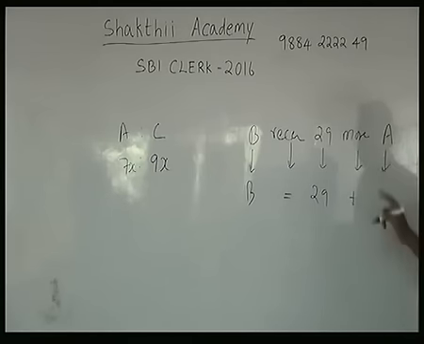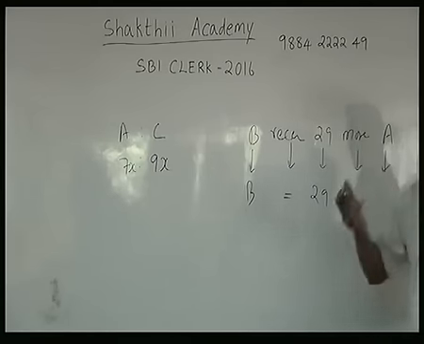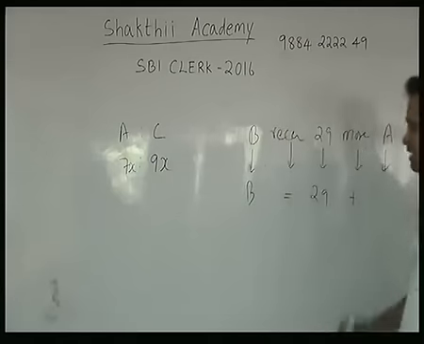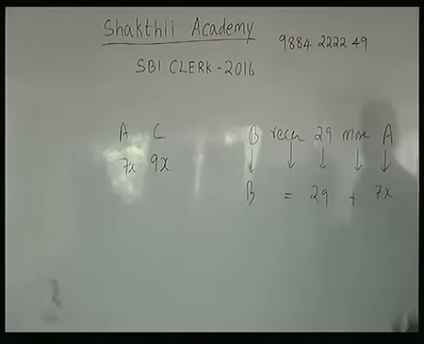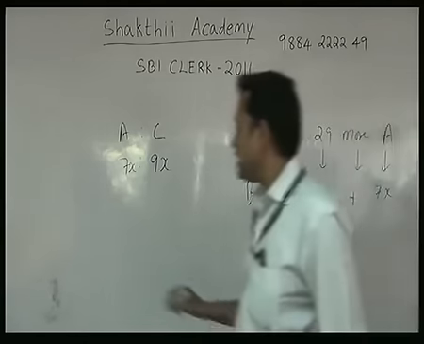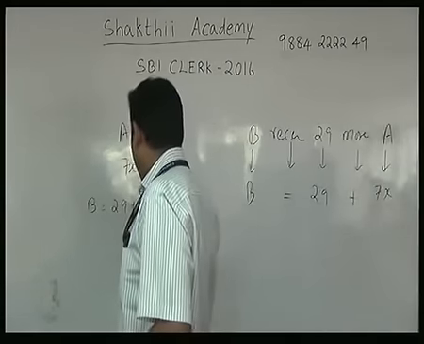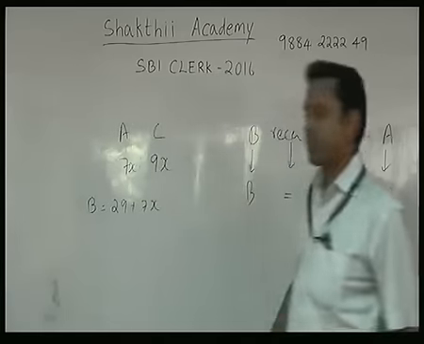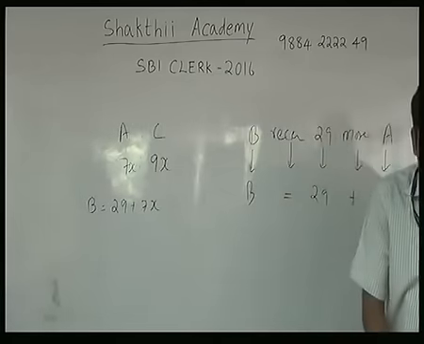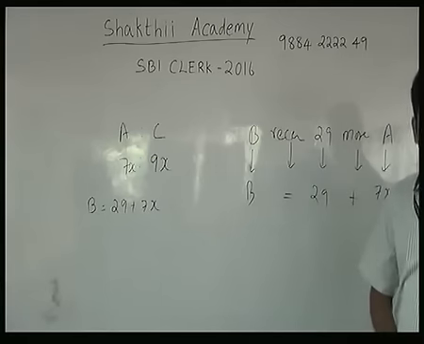Now I need to substitute the value for A. I know the value for A is 7x. So this tells you B equals 29 plus 7x. Is it clear? That is the meaning.